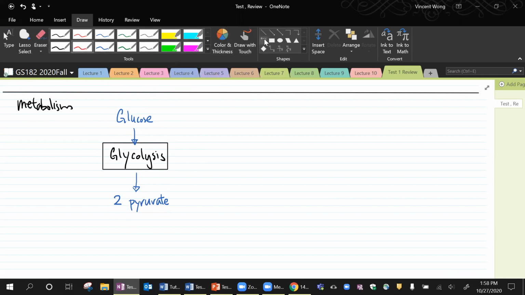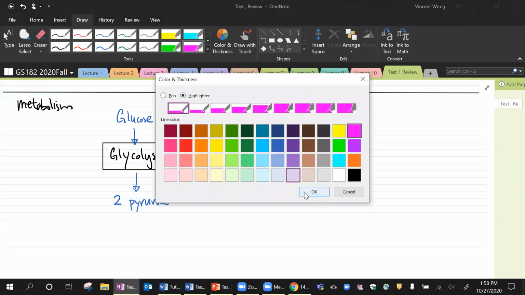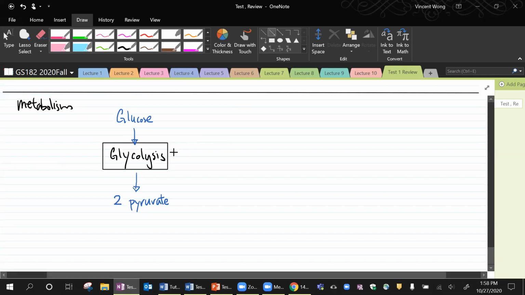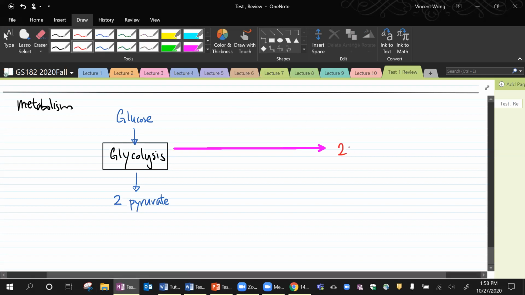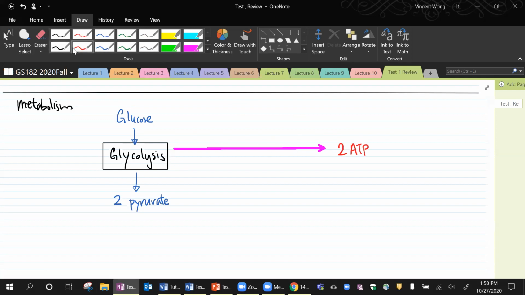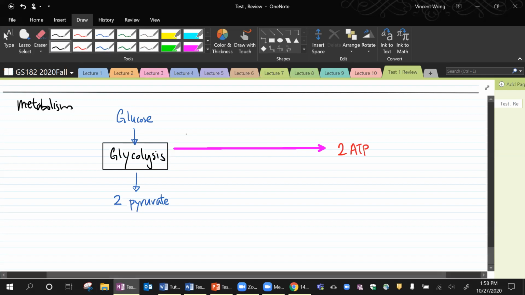And what's going to be happening is that we are going to be generating 2 net ATP. Okay, 2 ATP. And this is going to be through the process of substrate level phosphorylation.